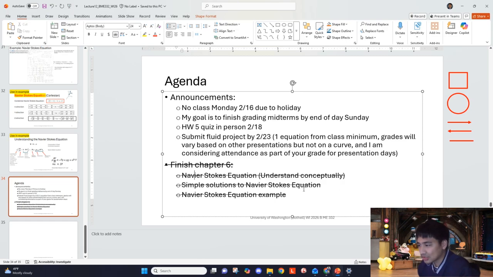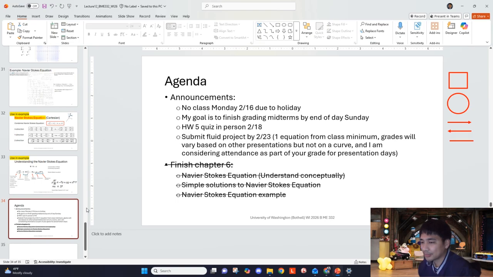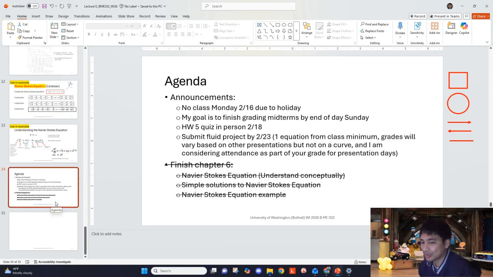We went through the Navier-Stokes equation, we understood it conceptually. We went through simple solutions that have already been figured out for us for the Navier-Stokes equation. And then we have an example that I have a video for you. I will link that and see if I can play it in here, but I don't know if the audio will be good.